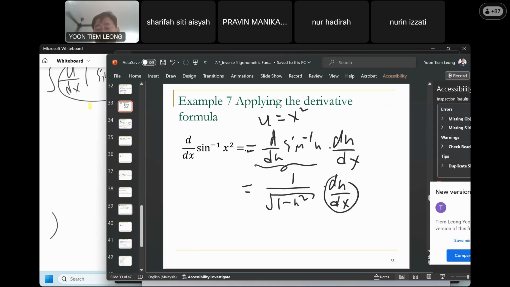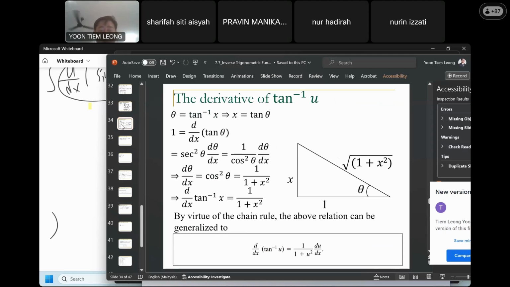And du/dx is just equal to 2x. So finally, we have 2x over the square root of 1 minus u squared, where u squared is x to the power 4. So that is the result of this. In case I did not make any error, it will be the answer. So we have finished example 7.